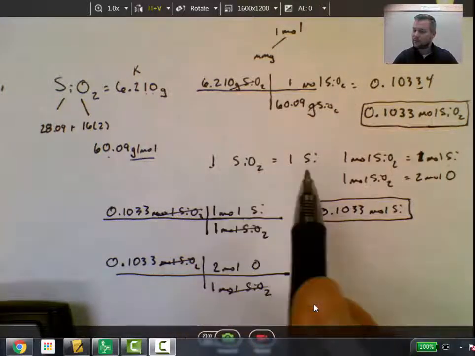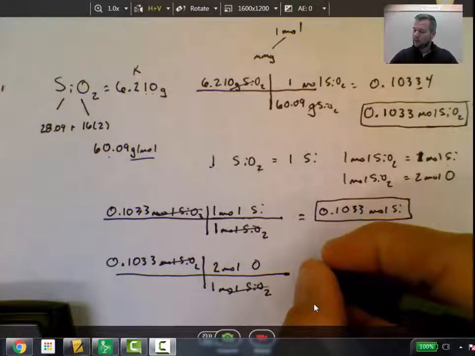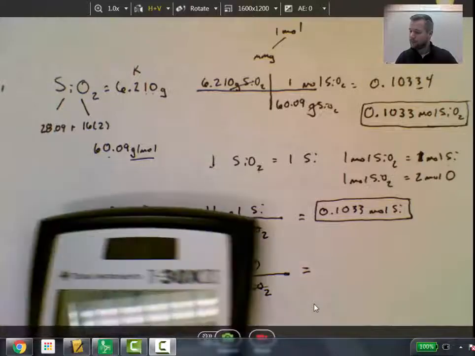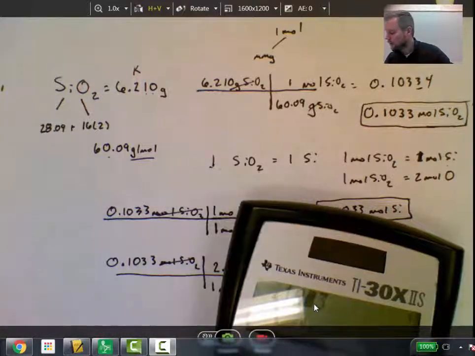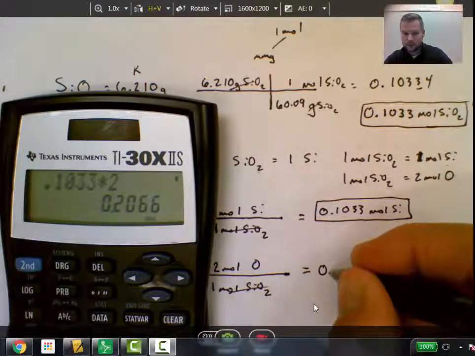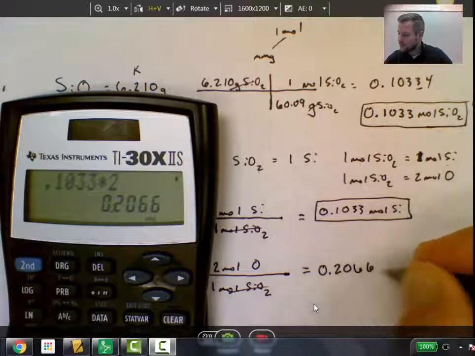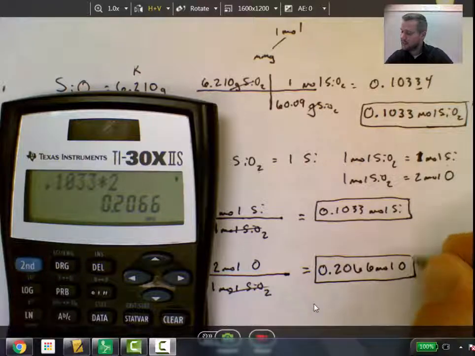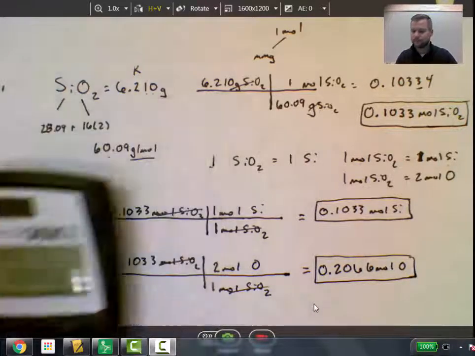It's coming from the subscripts. So I need to take my 0.1033 times 2, that gives me 0.2066. I still have 4 sig figs. So that's my second answer in the moles of each element.